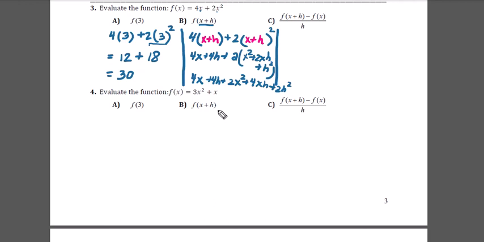Then you're going to look for anything that you could add together, and if you look closely, there's nothing that has like terms. So for part B, you are all set.